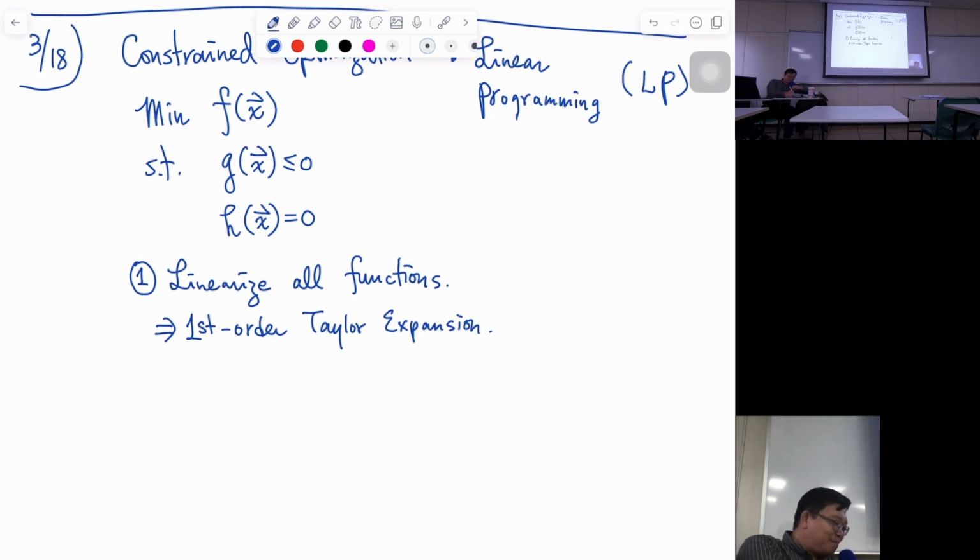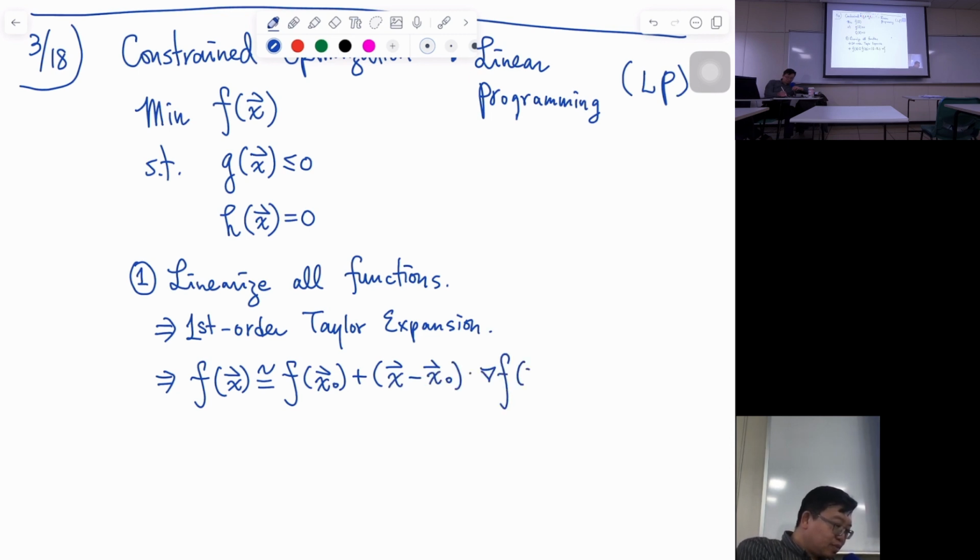If you forget, I will remind you. For any nonlinear function, if you want to linearize it, you need to choose an expansion point, and then you can do this. Okay? That's the linear approximation by Taylor expansion. You don't keep the higher order terms, just keep the first order terms.